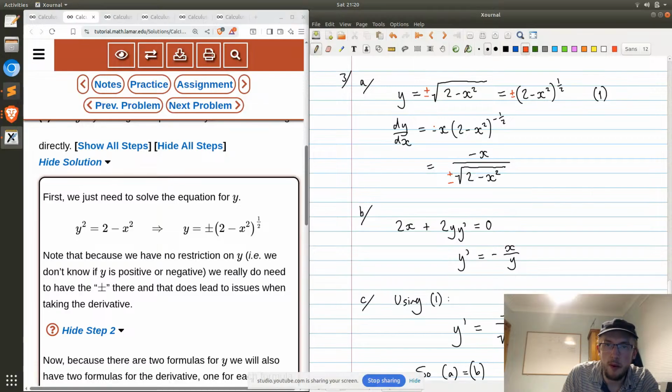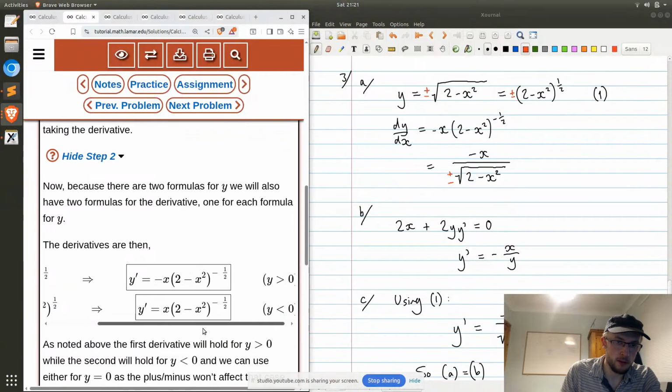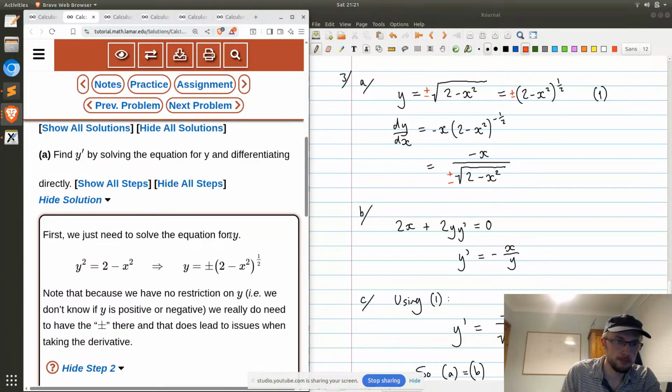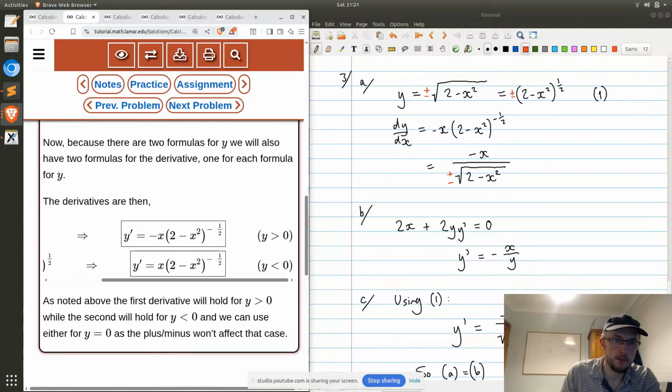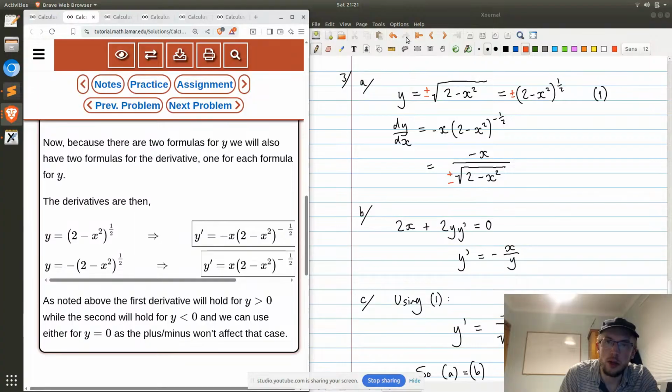You need to be really careful here. So y is plus or minus the square root of 2 minus x squared.